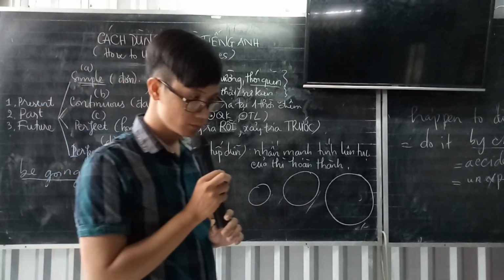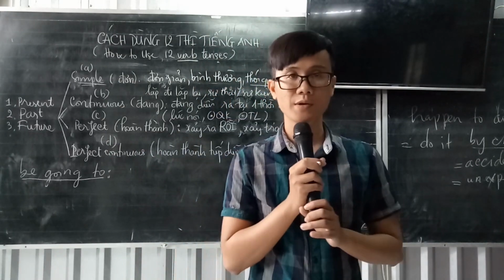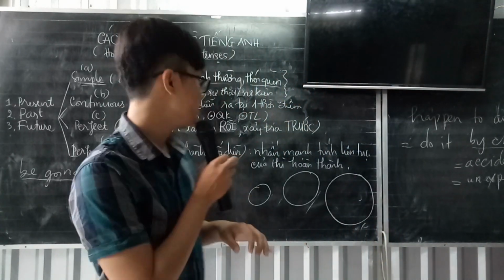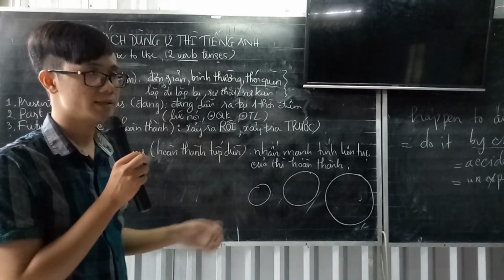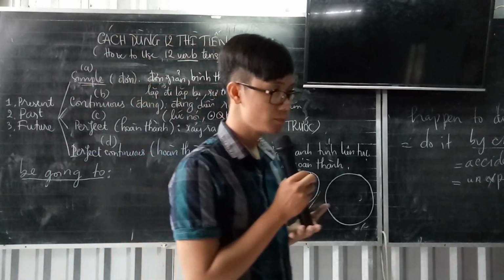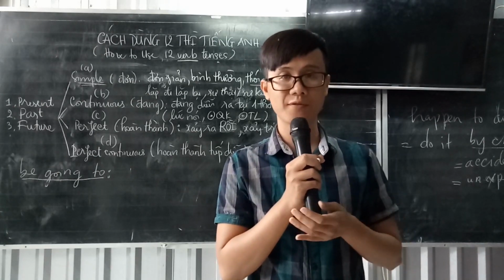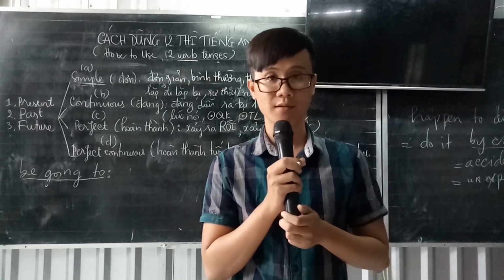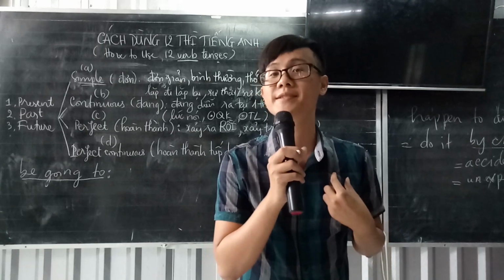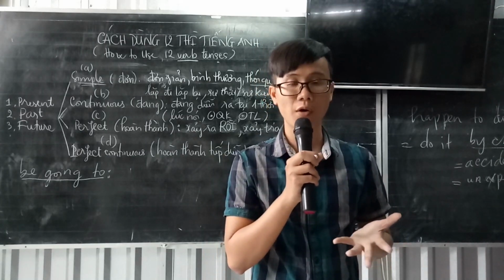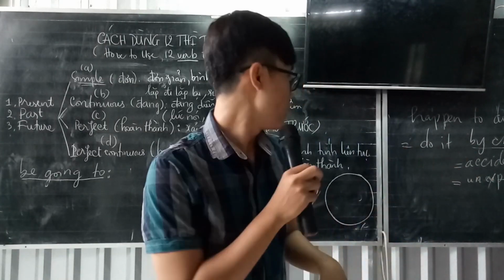Or another use of present perfect, which is related to this word, is that I myself have studied English for over 15 years. Again, I myself have studied English for over 15 years.